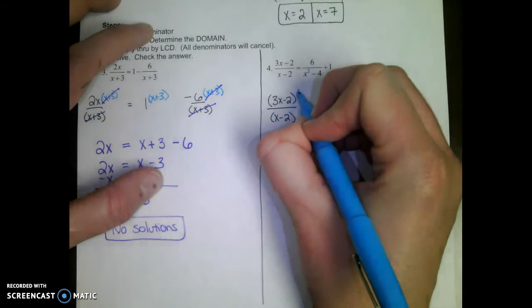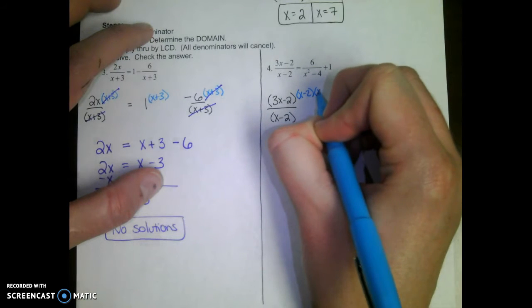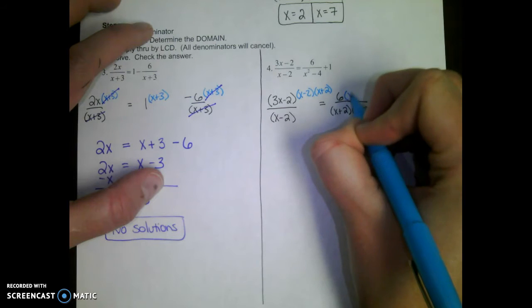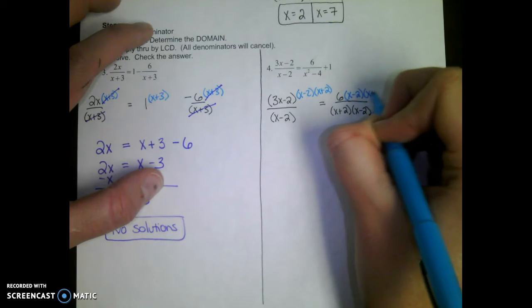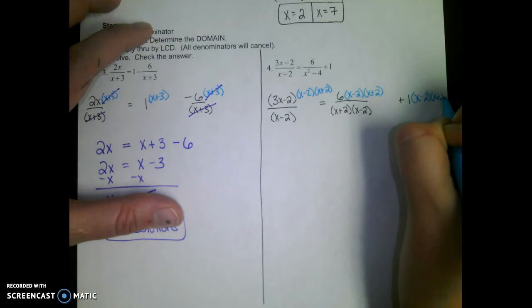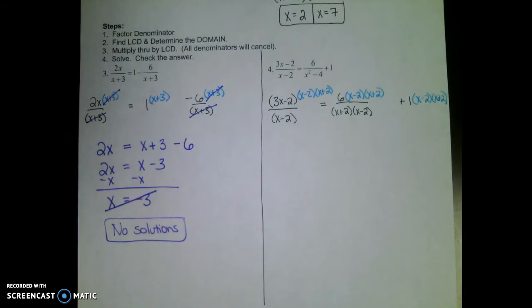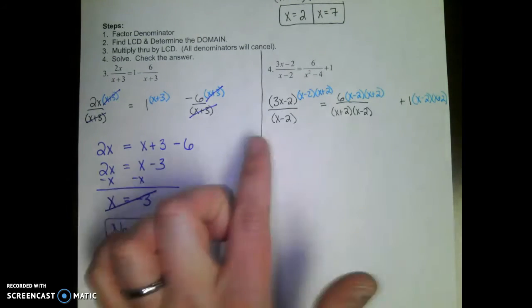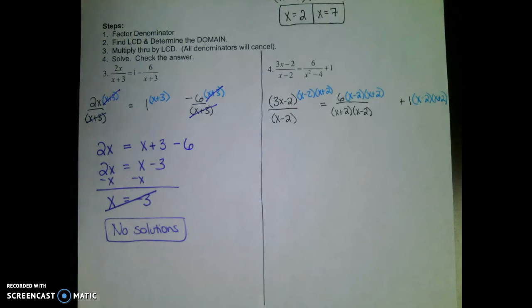So I'm going to multiply by x minus 2 and x plus 2. That is known as the least common denominator. Basically, that means if there's 2 x minus 2's, don't multiply by 2 of them, only multiply by 1 of them, because it will then be covered in both fractions.